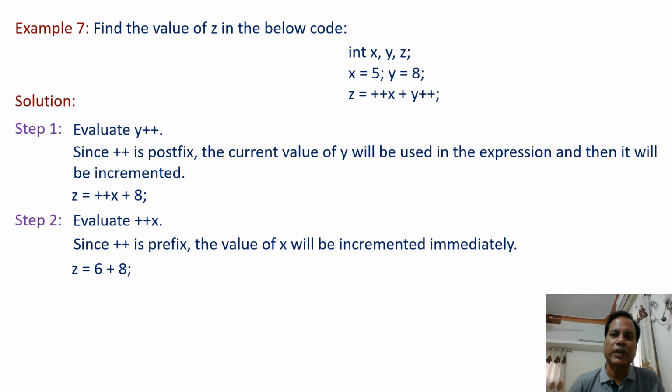This is incremented by 1 and that becomes 6. So 6 + 8, and then in step 3, these two are added and finally the value of z becomes 14. So if we know the precedence and associativity, we can evaluate the given expression.